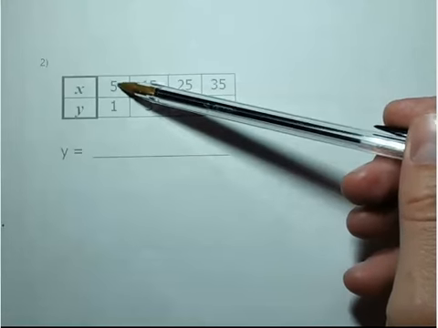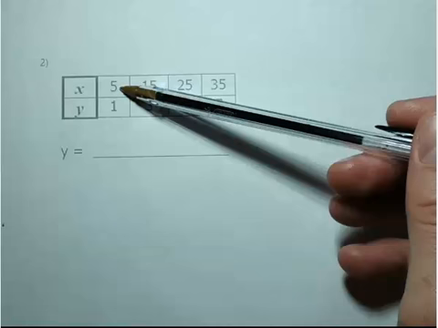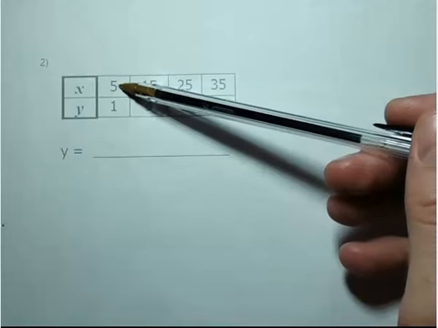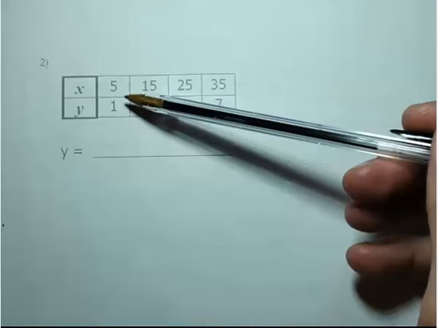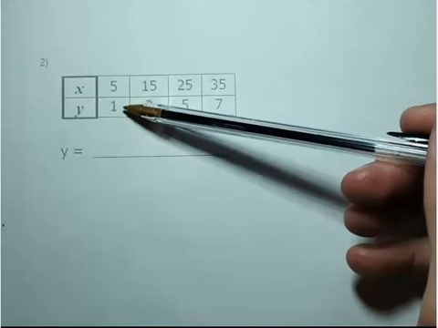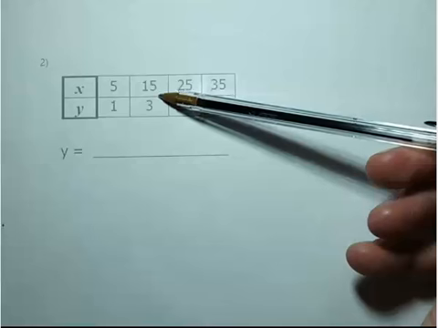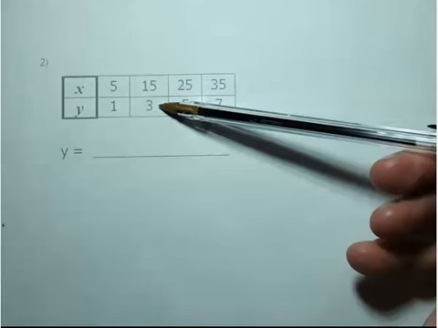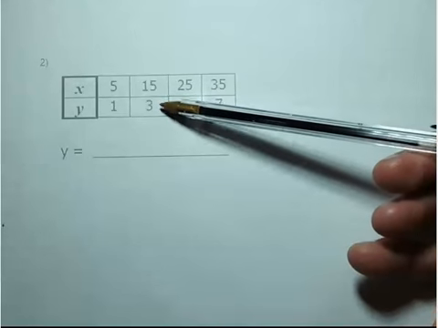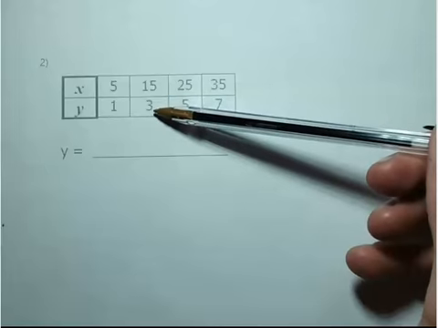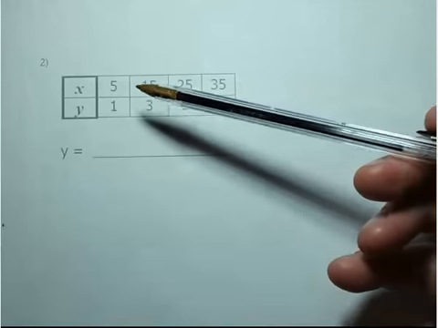So the most obvious thing to me right off the bat is it looks like it's dividing by 5, because 5 divided by 5 is 1. Another thing they could be doing is subtracting 4. But if you look to the right, 15 minus 4 should be 11, excuse me, but it gives us 3.